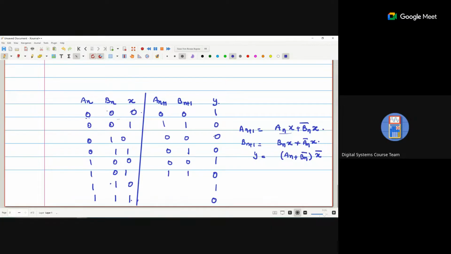Sir, AN plus 1 is 0, 1, 0, 0, then 1, then 0, 1.